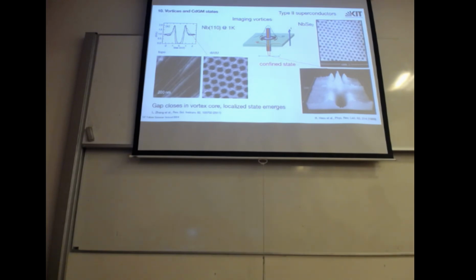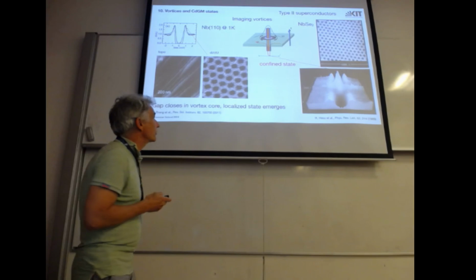So you expect discrete states, and this has been solved before by Caroli, de Gennes and Matricon. They predicted that there should be these unpaired electrons at the Fermi energy, which form bound states because they cannot enter the superconductor.